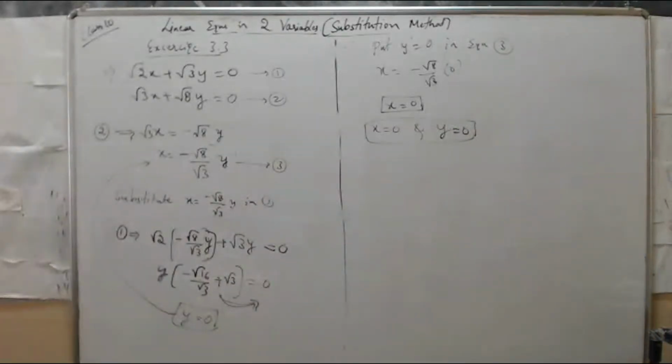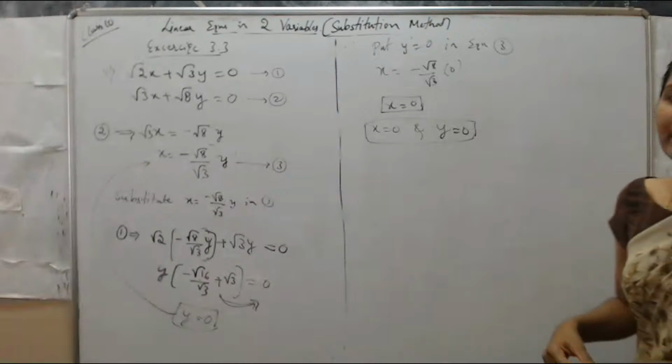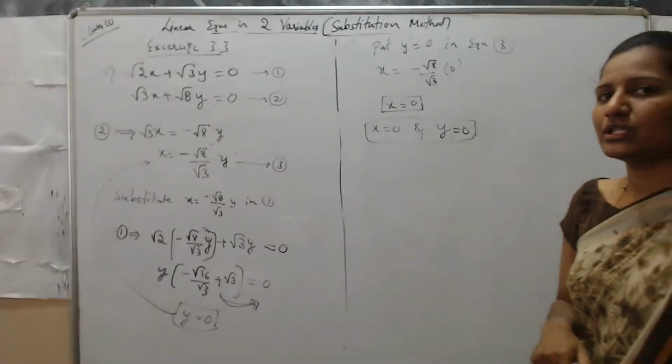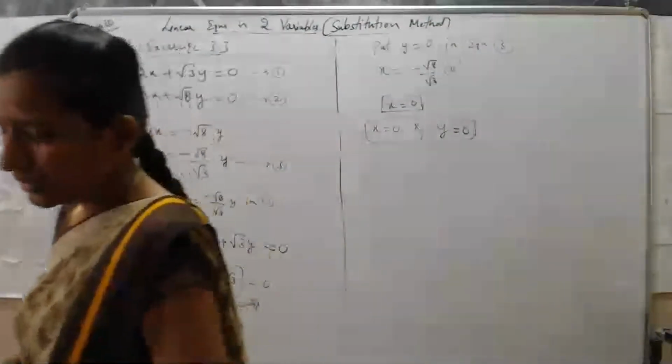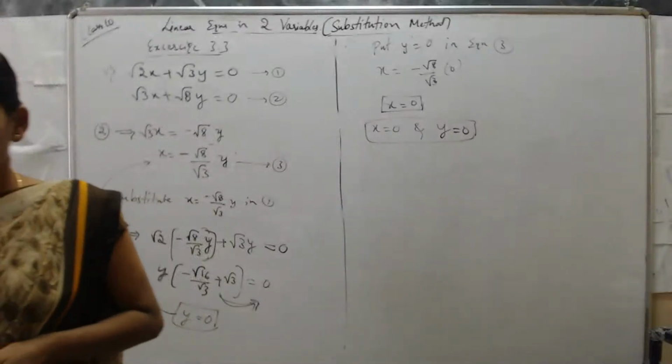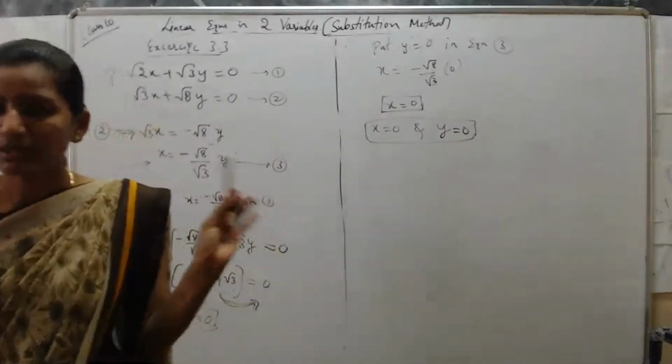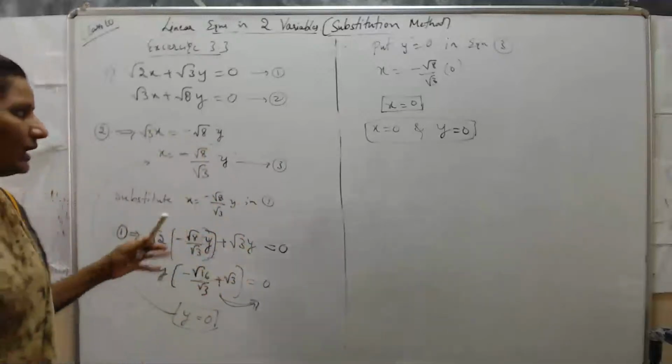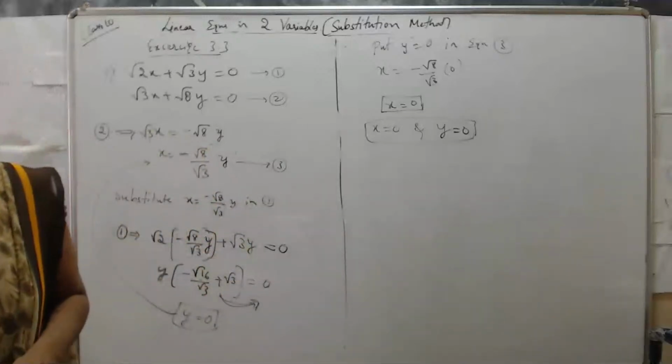Sixth question is for homework. What you have to do is, sixth one, solve the fractions. Solve the fractions means I will simplify and you do it. What are the fractions?